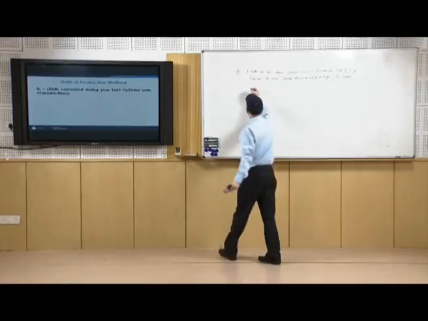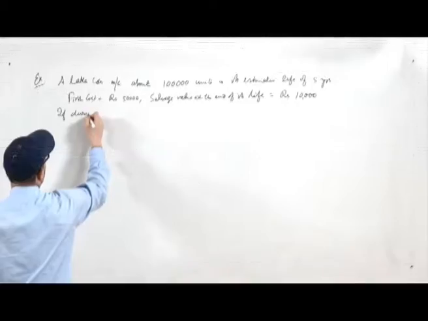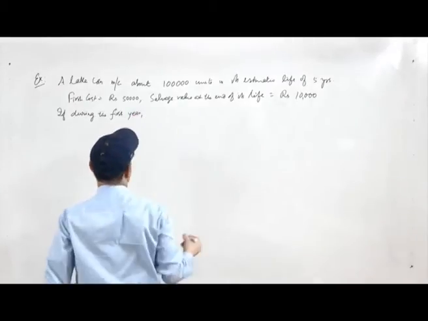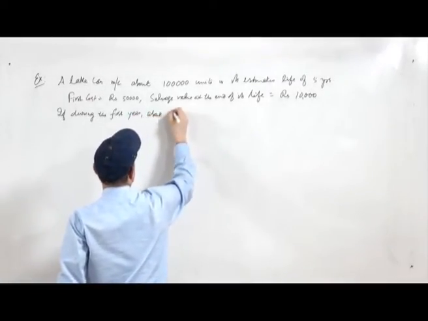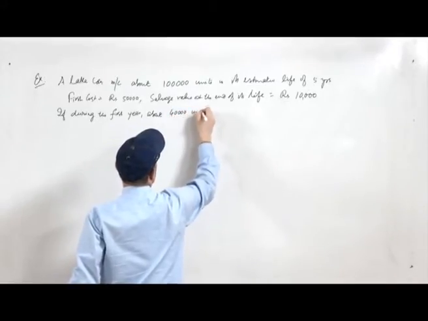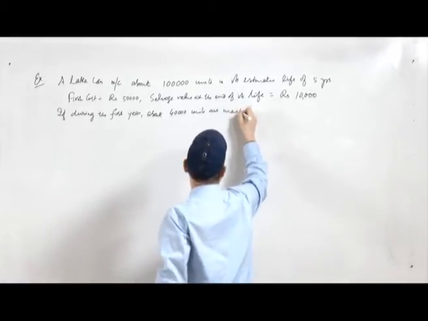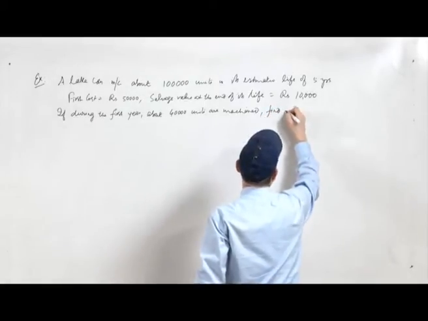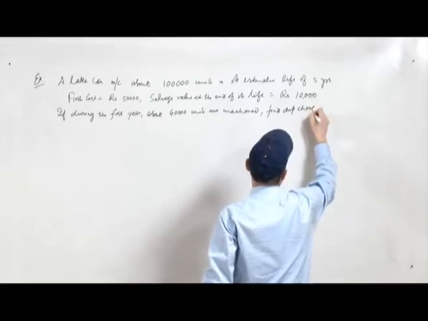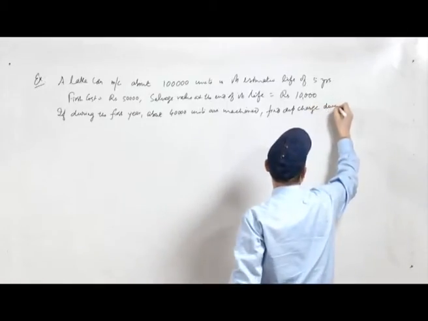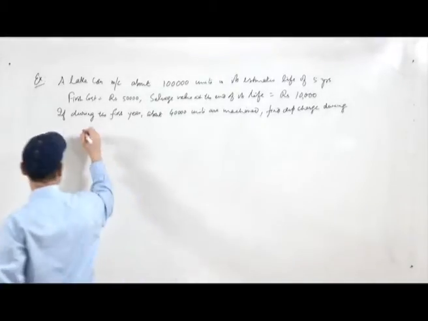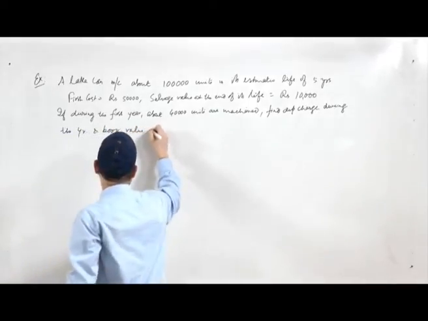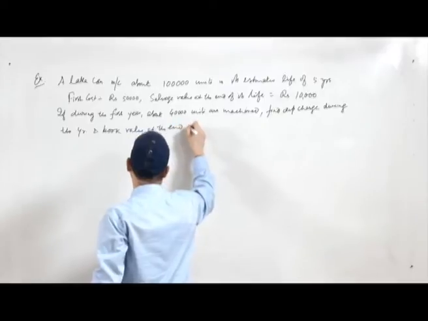Now, if during the first year about 40,000 units are machined, find the depreciation charge during the year and the book value at the end of the year.